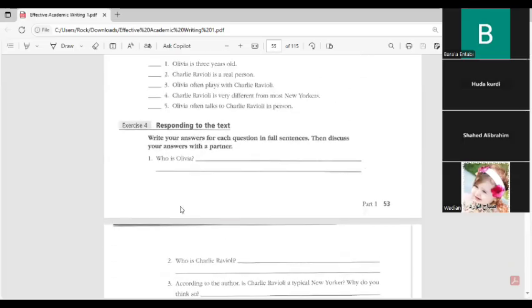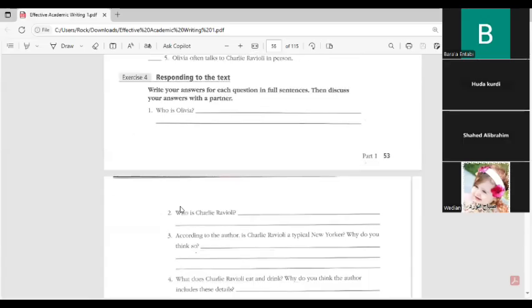Here we have some questions. Who is Olivia? Olivia is a girl. She is the author's daughter, right? You can say that she is 3 years old. She lives in Manhattan, and for example, she can imagine things.